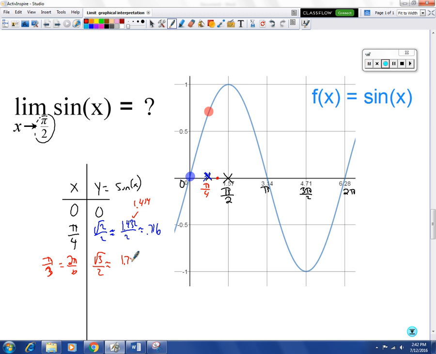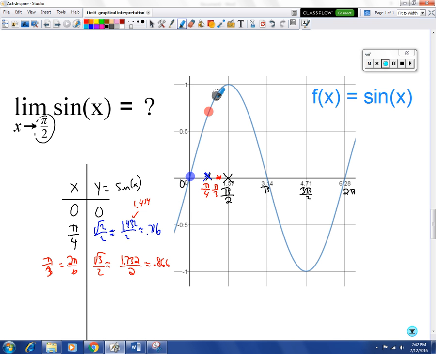I get my square root of 2 and square root of 3 mixed up. When I divide that by 2, that's about 0.866, somewhere in there, a little bit higher up. So pi over 3 is pretty close to pi over 2. It's not exactly halfway between pi over 4 and pi over 2, but it's actually a little bit closer to pi over 2 than pi over 4. Put a gray dot there.